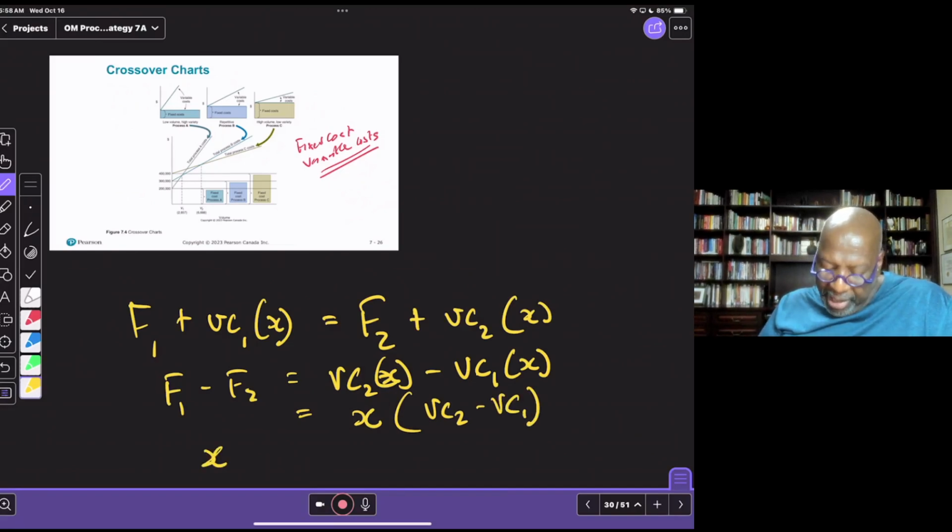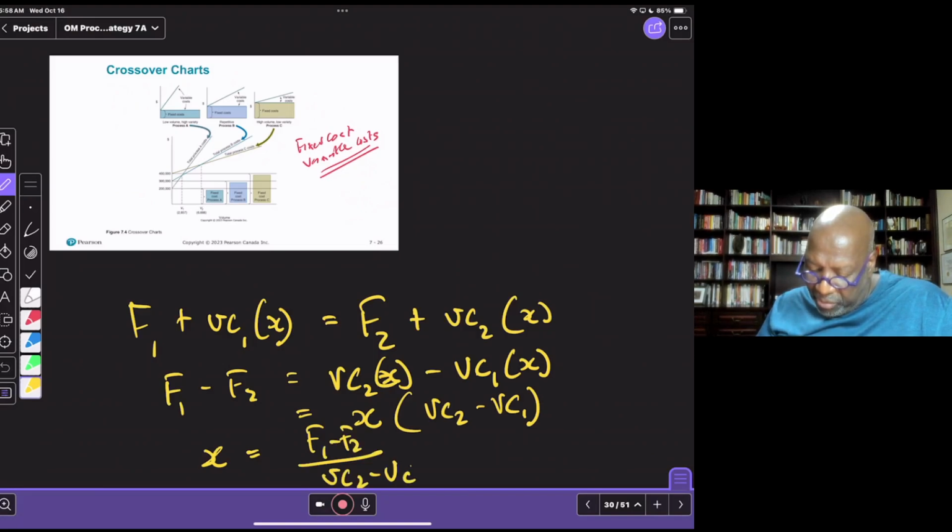And so therefore X would be equal to (F1 minus F2) divided by (VC2 minus VC1). And that gives us the crossover point.